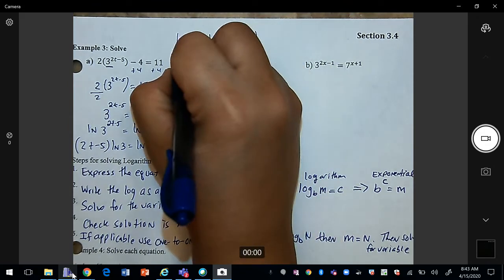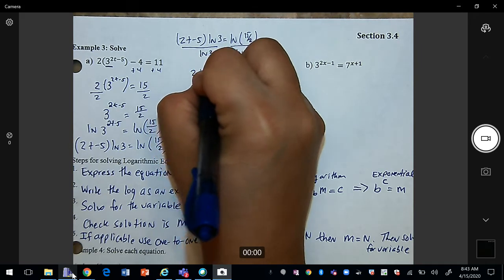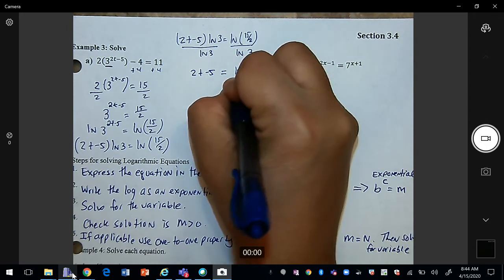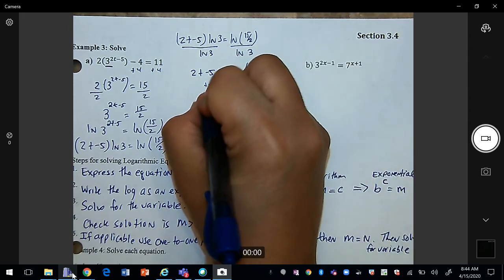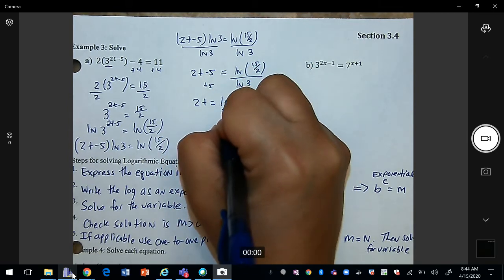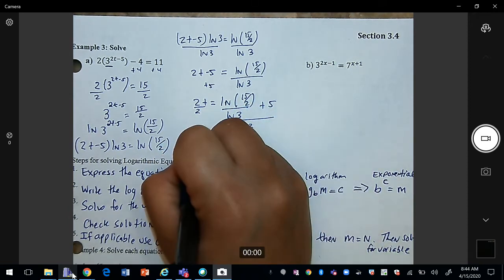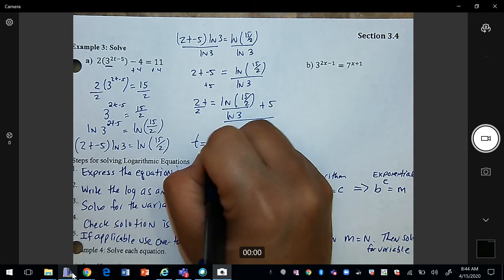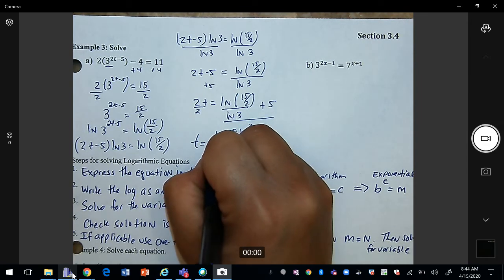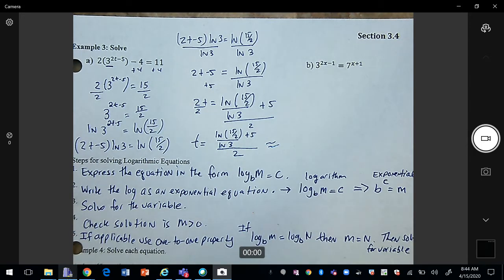Okay, so I'm going to divide by natural log of 3. And I'm going to add 5 on both sides. Plus 5. And I'm going to divide by 2. Okay, I'm going to enter that into our calculator.